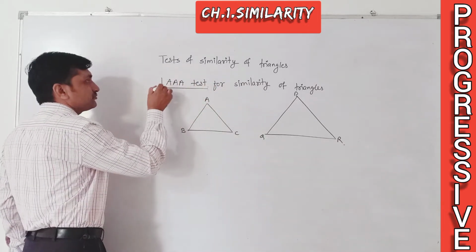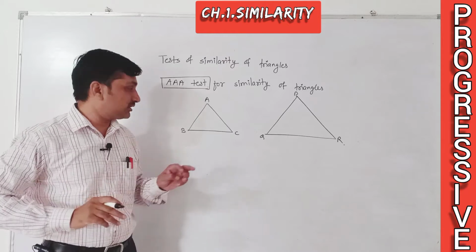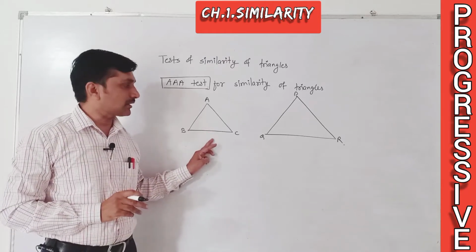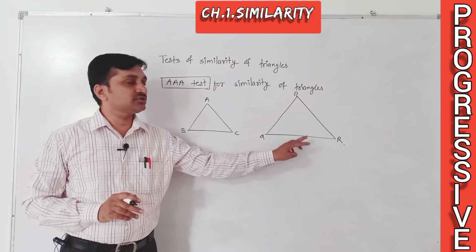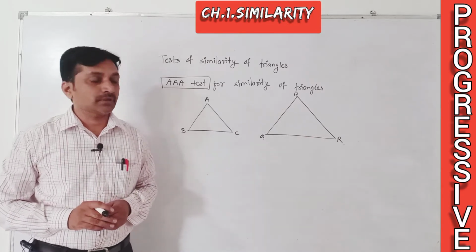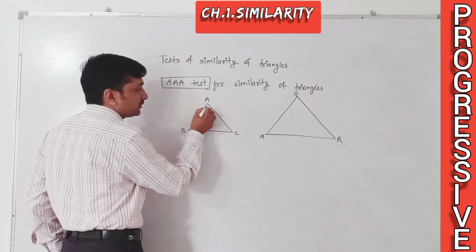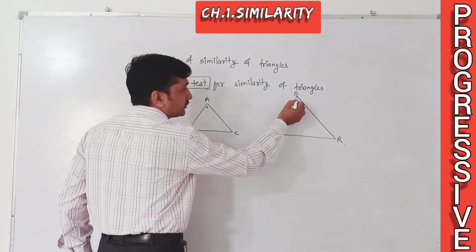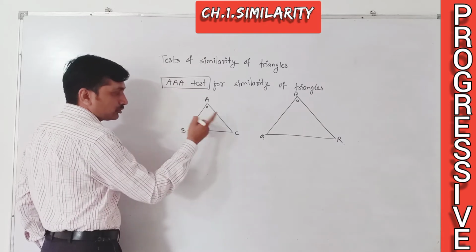By the AAA test, all three corresponding angles of one triangle should be congruent with the corresponding angles of the other triangle. Angle A should be congruent with angle P. For AAA means all three.